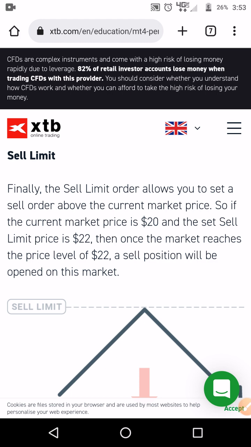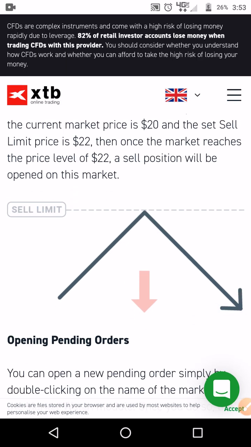An example is 22 US dollars. Once the market reaches your 22 US dollars, a sell position will be opened. Now when the sell position opens, your prayer is that the market should fall below your sell position.